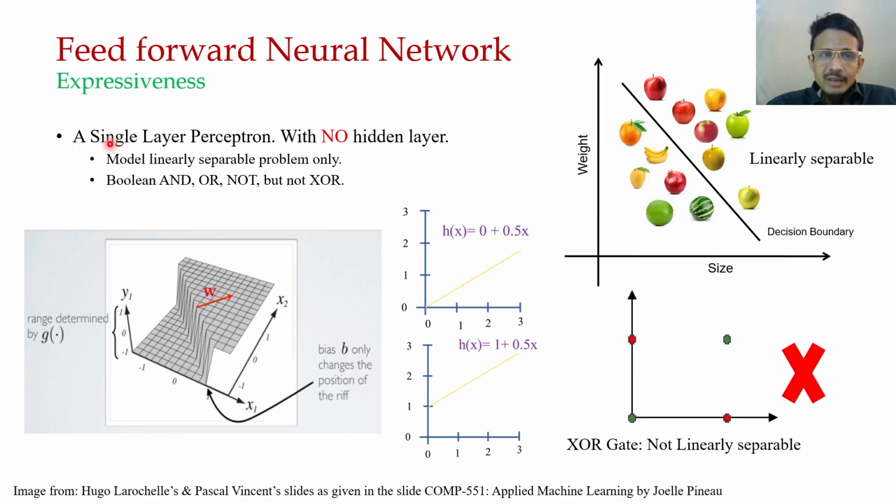First we see the expressiveness of the single layer perceptron. As you know, a single layer perceptron has no hidden layer, so it can model only linearly separable problems.